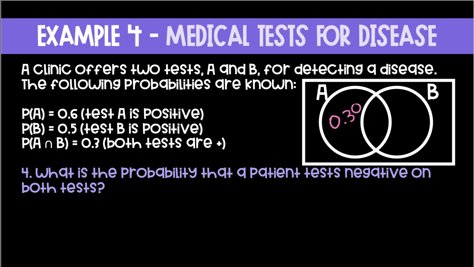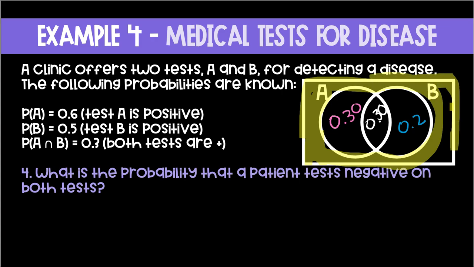We know the probability of both of them is 0.30. We know the probability of only B is 0.2. We want the probability of testing negative on both tests. That means neither A nor B, outside over here.